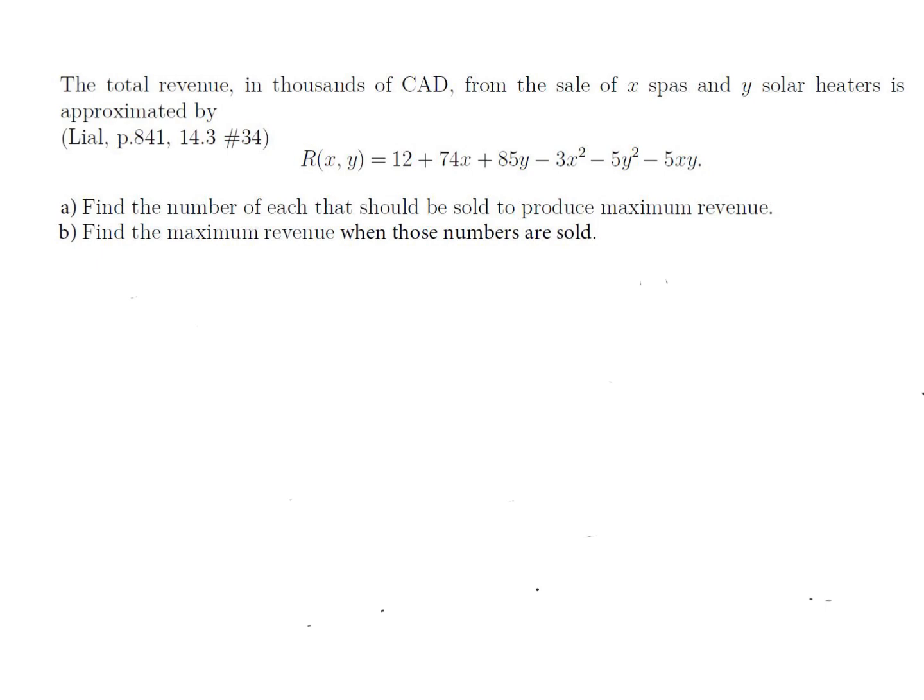And then we're determining what that maximum revenue will be if those numbers of items are sold. Same idea, okay? So the first thing we're going to do is find the two first partial derivatives. And then let's see what strategy we need to solve them.